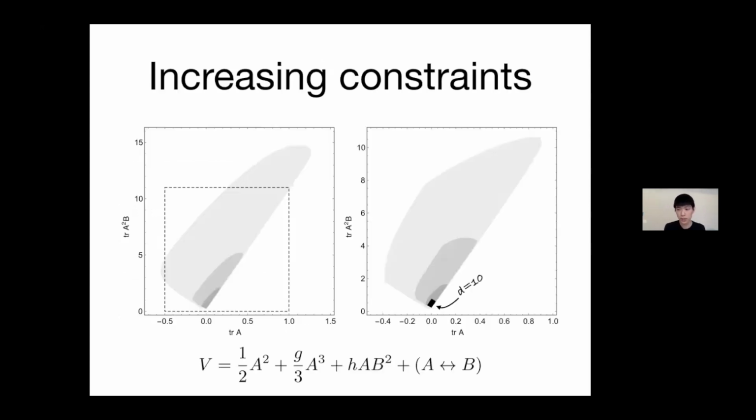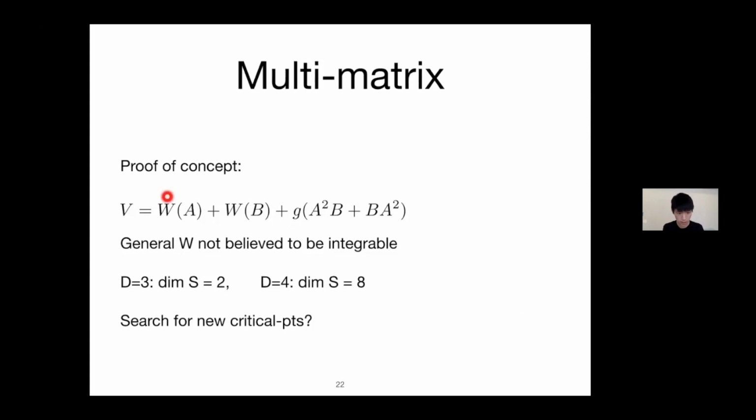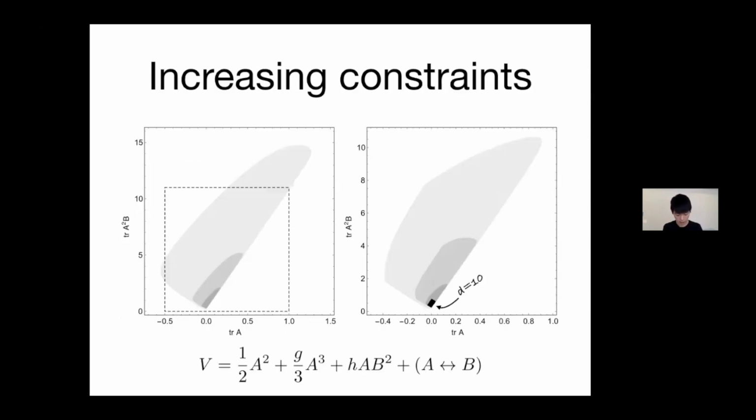Okay, so if we focus first on the case where this potential W is cubic, so the model is given by the expression below, we can see just how increasing the constraints in the search space works.